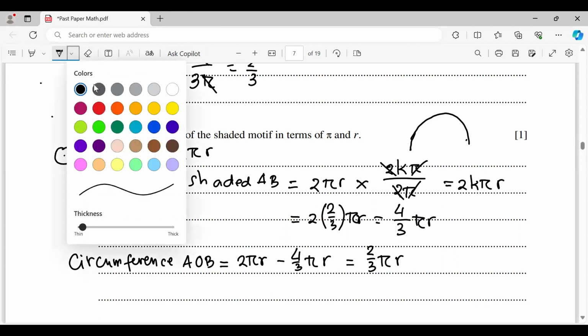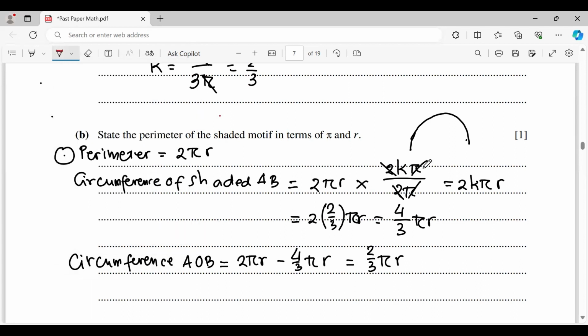I'm going to use another color. Okay. So the circumference is 4/3 pi r. Meanwhile, the circumference is 2/3 pi r.